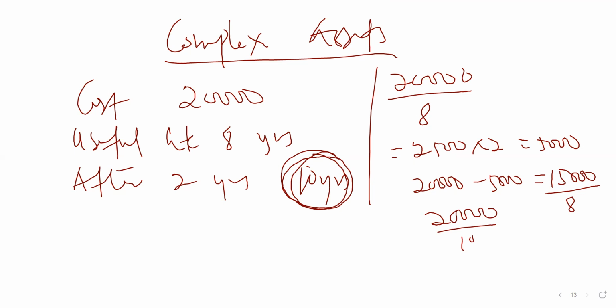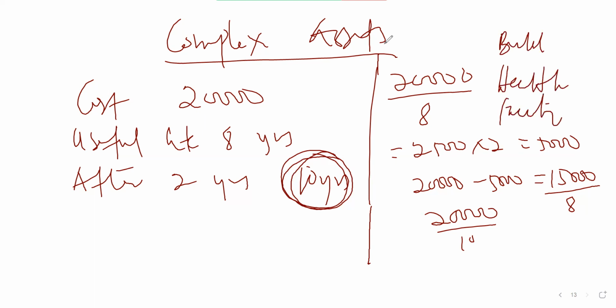Assuming you want to build a facility in a community where they are saying that before you can build that facility, you need to build a health facility for the community.